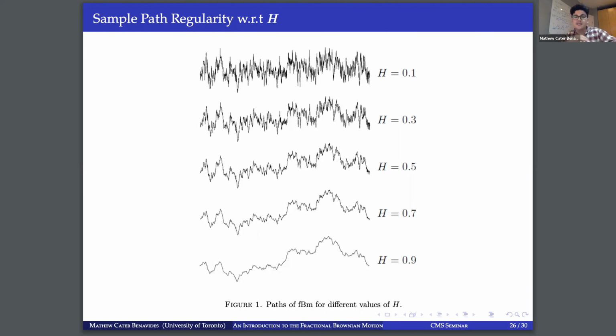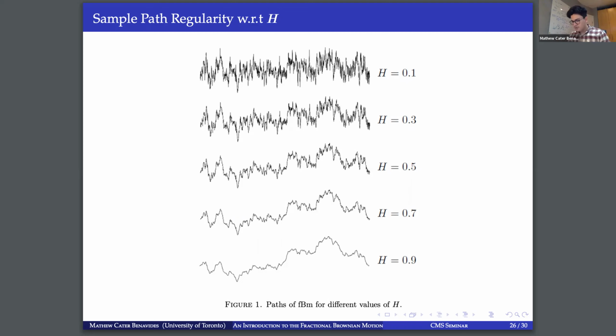What you can think of that as saying is that this anti-persistence gets so rough that the thing kind of splits in half in some sense. It's very weird and hard to visualize, but for our sake, you can think of H as sufficiently larger than 0 in whatever sense you'd like.